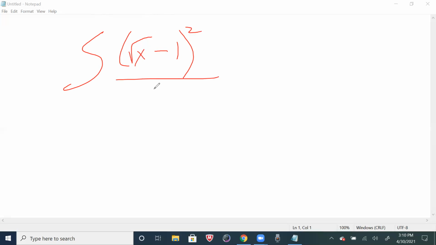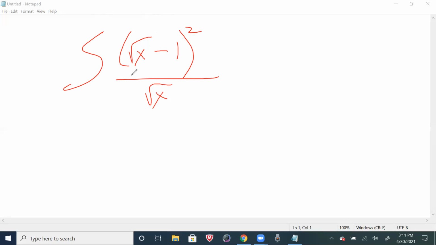And in fact, it wouldn't have been helpful if it was x squared minus 1 squared. No, it was root x minus 1 squared over x squared. All over x? Root x, yep.